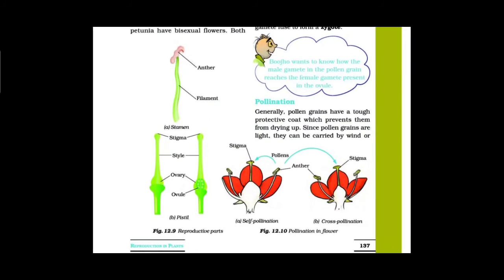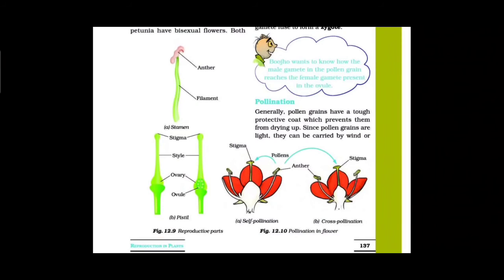Then pollination. What is meant by pollination? Generally, pollen grains have a tough protective coat which prevents them from drying up. Since pollen grains are light, they can be carried by wind and water. Insects visit flowers and carry away pollen on their bodies.